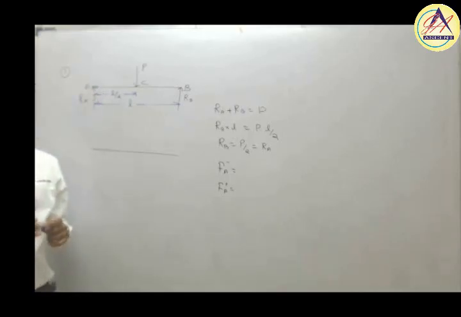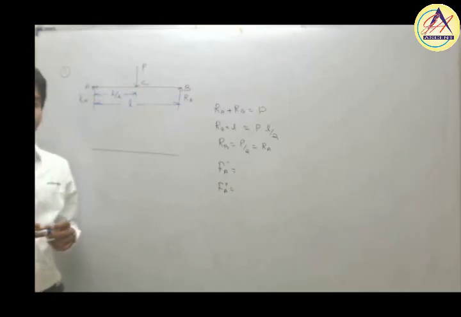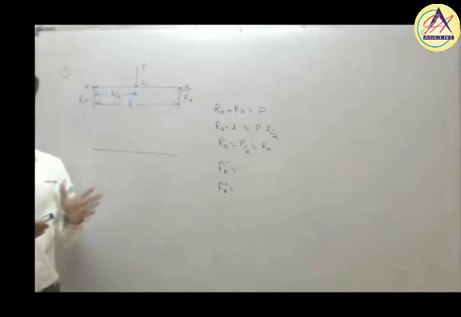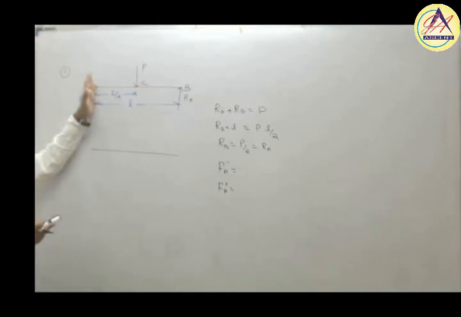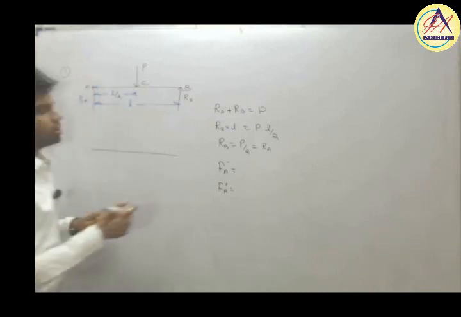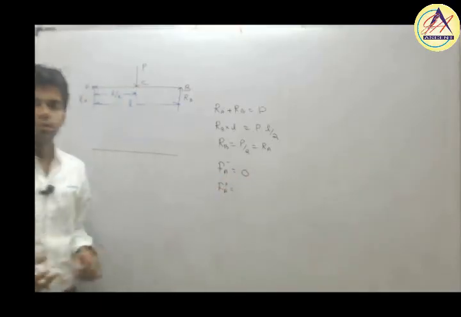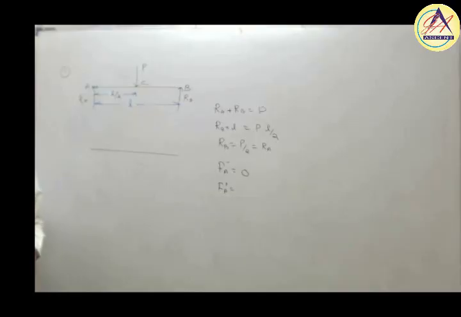How have we defined shear force? Shear force at any section is nothing but the algebraic sum of all the vertical forces either on the left or right side of the section. Suppose we want to determine Fa minus. The total algebraic sum of all the vertical forces here is 0, as no vertical forces are acting.